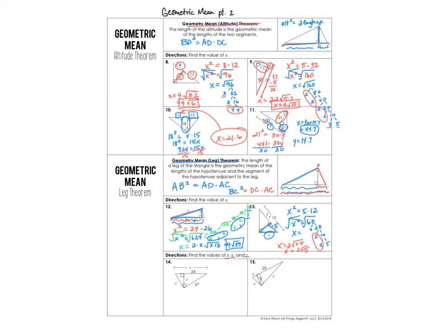Okay, so first thing I know I can do is find this y because I have 2 other side lengths. So I can use the Pythagorean theorem. This is my hypotenuse, so it's got to be c. I'm going to make this a and b. So I got 24 squared plus y squared equals 27 squared. Okay, 24 squared is 576.